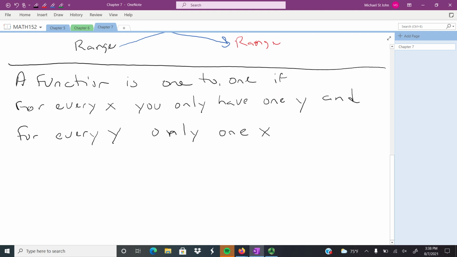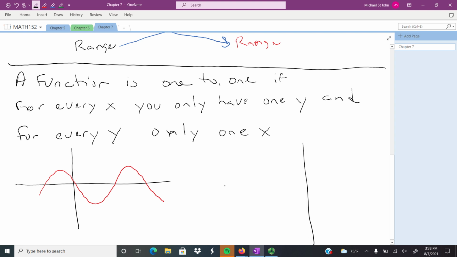If you think in terms of a couple of graphs, if I first draw this graph, something like a sine wave, it is a function because it passes the vertical line test, but it is not one-to-one, and it does not pass the horizontal line test. But then if I look at this graph, my good old cubic function, this function is one-to-one.